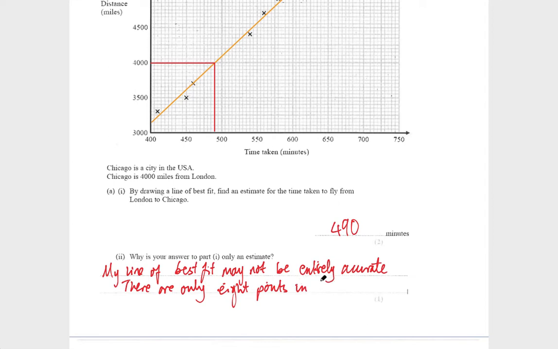Or you could discuss the fact that there is no reading for anywhere close to Chicago, close to 4,000 miles. So if you mention that there's a gap in the graph and we don't know what happened in that graph, anything to suggest that it's not an accurate representation, it's only an estimate, it's only guesswork.